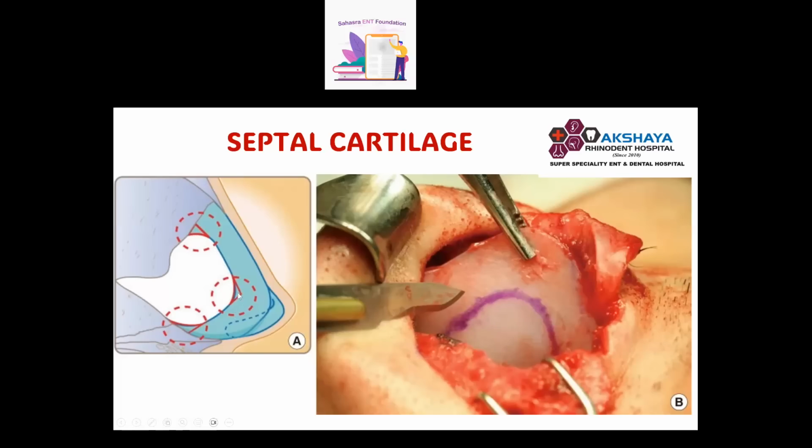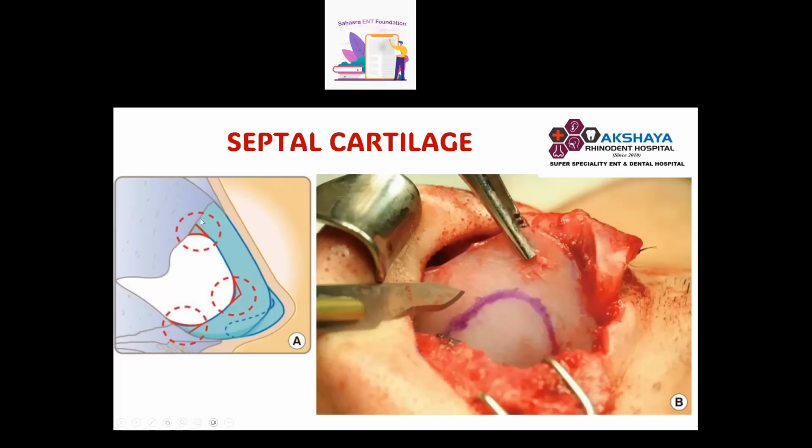I have seen many revision cases, many post-septoplasty cases coming up with nose block. There will be a deviation, a crooked nose, or tip drooping. There will be alar reduction, alar widening, or columellar retraction. These are all complications I have seen after septoplasty. Why such complications? Because when we do septoplasty, we have to preserve the L strut.